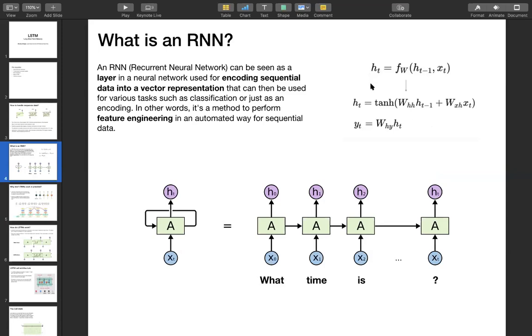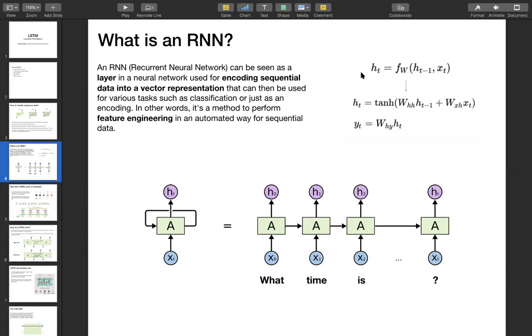Now, mathematically, how does that work? It's nothing very complicated. You are doing the same thing you would do in any normal neural network in a specific neuron. You would take the xt, multiply it by a weight matrix, and apply a tanh activation function. However, since we have two inputs in this case, we have two weight matrices.